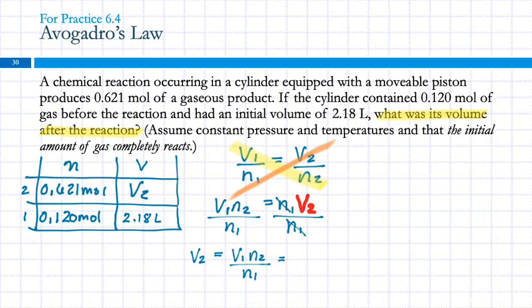So volume 1 is 2.18 liters with their units, and that's multiplied by n2, which is 0.621 moles, divided by n1, which is 0.120 moles. The moles cancel out. I have 2.18 times 0.621 divided by 0.12.